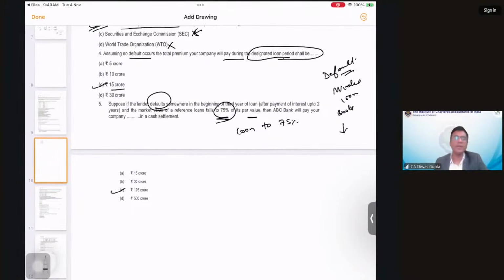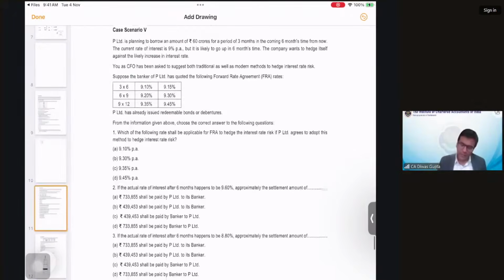So C becomes the right answer. Clear? I hope this case study is also clear, students. Let's move to the next case study.